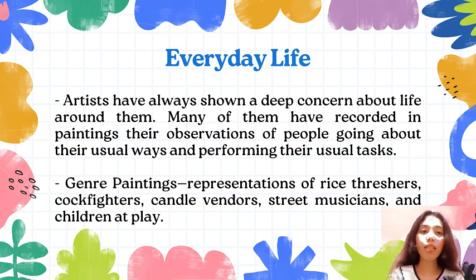They show common scenes such as farmers threshing rice, men watching cockfights, people selling candles, musicians, and so on. Rather than focusing on heroes, myths, or grand events, these paintings highlight the simple, familiar parts of life, giving value and beauty to the ordinary.